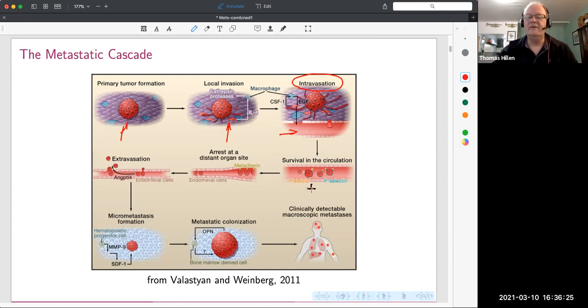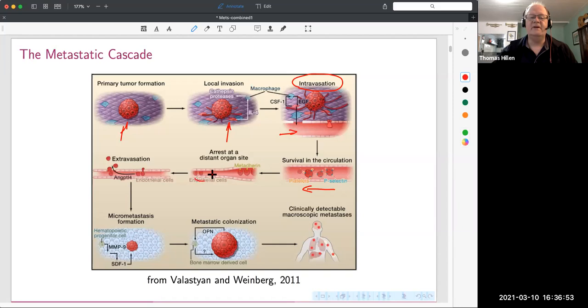Then in the blood system, they're transported through the entire body, and they form microclusters, what are they called? Cancer cell clusters. And in the blood, they have a very hard time to survive. So the survival of these shed cancer cells in the blood is actually rather low. But still, some survive. And then there are two ways they can form metastasis.